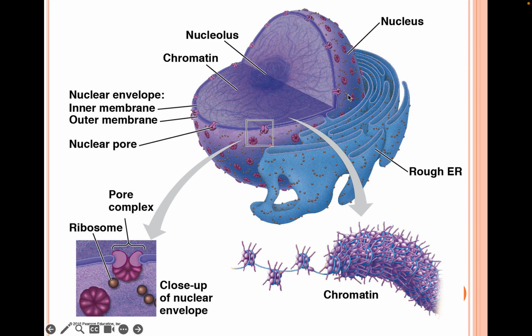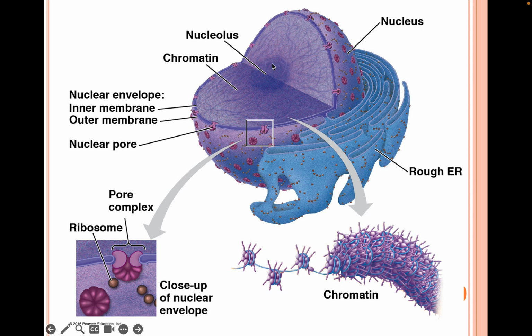All right, here's a good picture of the nucleus. If this structure here in the center that's purple is the nucleus, we see that the membrane of the nucleus flows into the membrane of the rough endoplasmic reticulum. It's basically the same membrane that continues on, right? You can see the squiggly chromatin spread out within the nucleus.